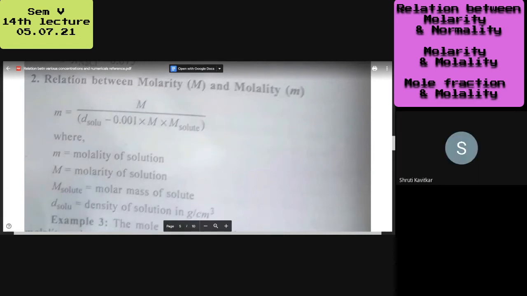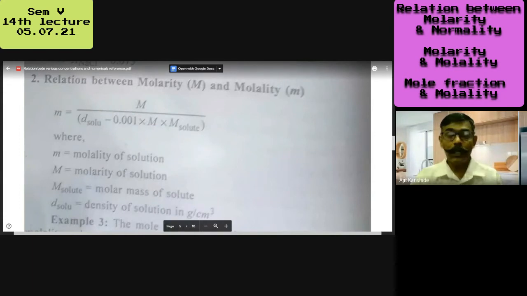Good. In that relation, on the right side, they have given molarity, capital M, divided by, now I simplify the terms given in the parentheses so that understanding will be there. In that bracket, what have they given? Density of solution. Read carefully.